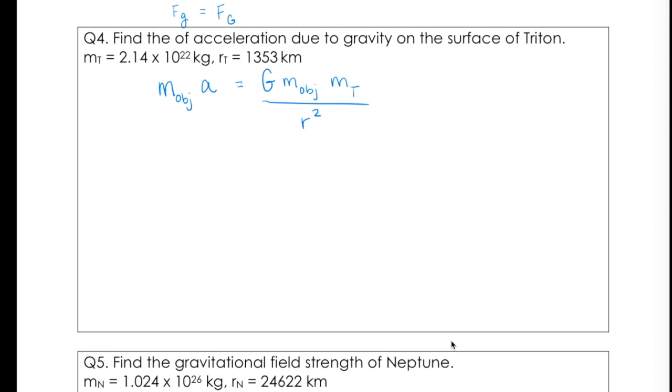Okay, so with this equation, you might be like, okay, well, we have the mass of Triton, we have the radius of Triton, but we don't have a mass of an object, so how can we solve for A?